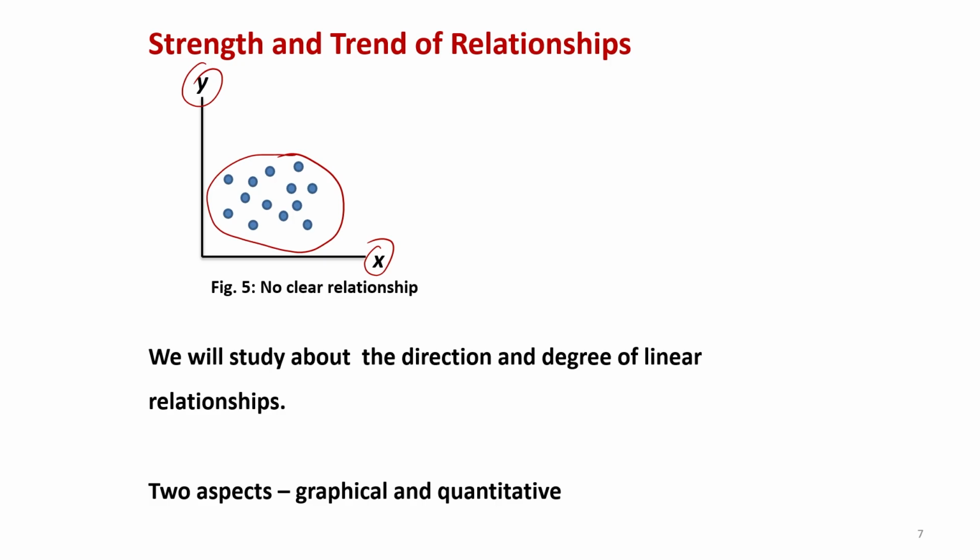There is no clear indication that if x is increasing then y is also increasing, or if x is decreasing then y is also decreasing, or if x is increasing then y is decreasing, or vice versa. From this graph it is very difficult to depict the relationship between x and y. So, in this case, we simply say that there is no clear relationship between the two variables x and y.